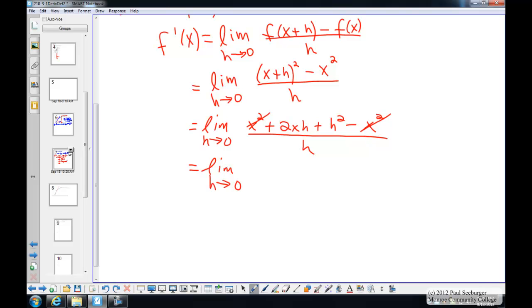So here we're going to rewrite. While we're rewriting, we might choose to factor an h out. We can do that with the other two terms here. So we're going to write h times 2x plus h over h. Okay, now, can you see what we can do? We can cancel the h's. This is actually a factor of 1, right? This is the removable discontinuity step.